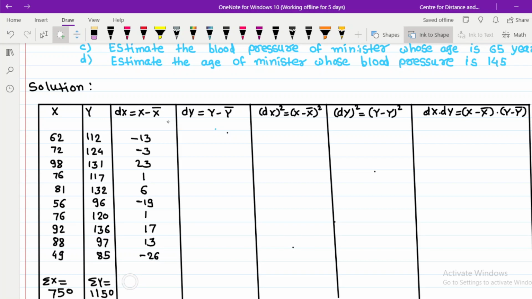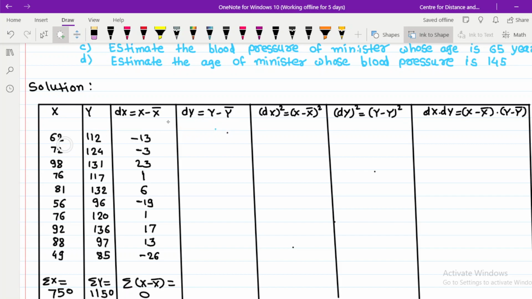Here we calculate summation x minus x bar, which is equal to minus 13 minus 3 plus 23 plus 1 plus 6 plus in bracket minus 19 plus 1 plus 17 plus 13 plus in bracket minus 26, which gives the value 0.